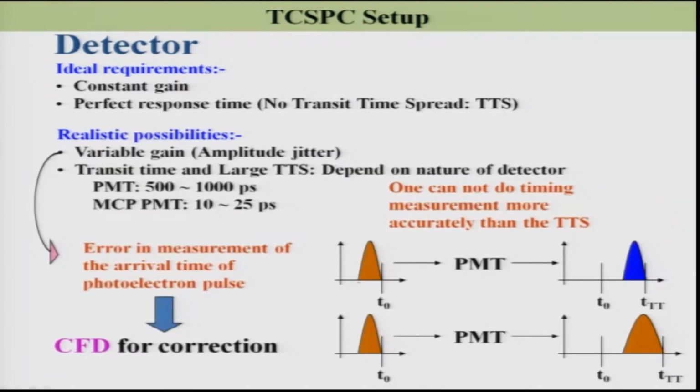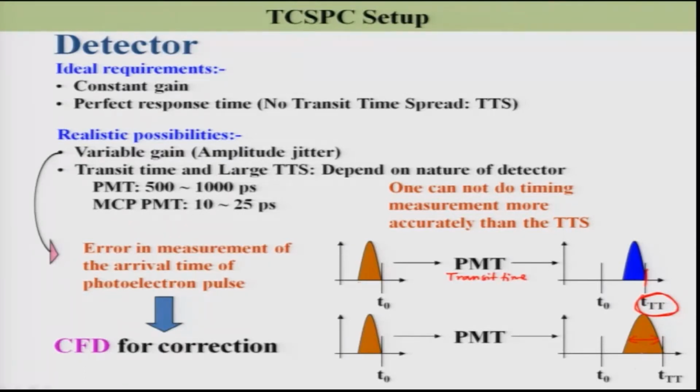Suppose this is my electron pulse, which is supposed to come at t0, but because of the transit time of the PMT, I am going to get it at time t0 plus Tt. But this is not a constant, because this width may vary.